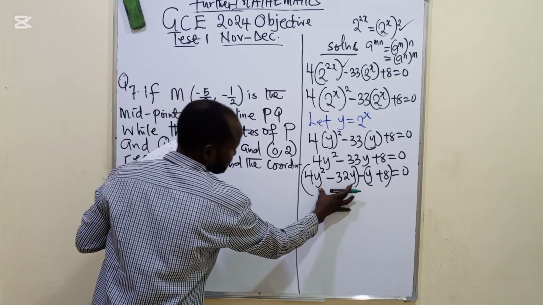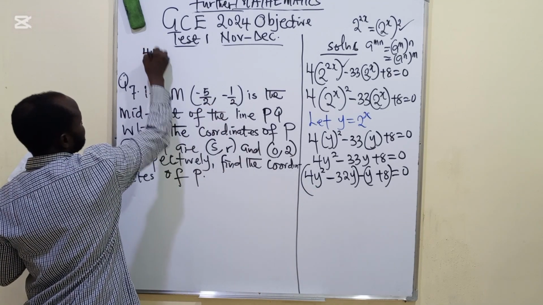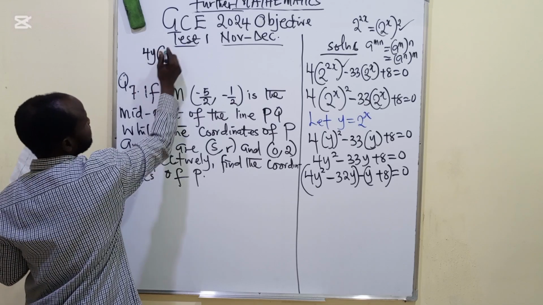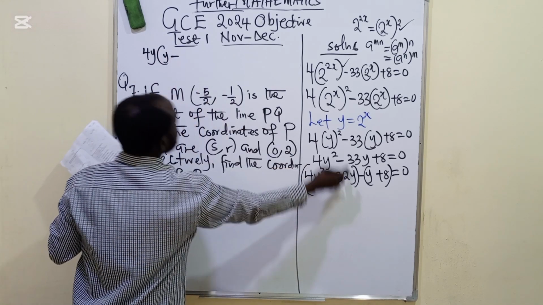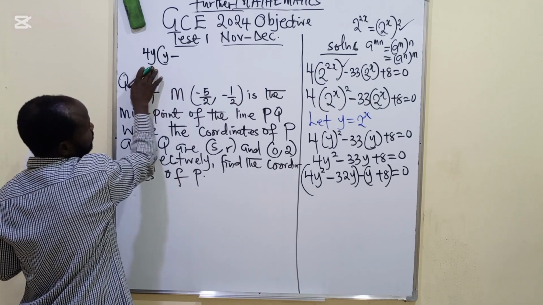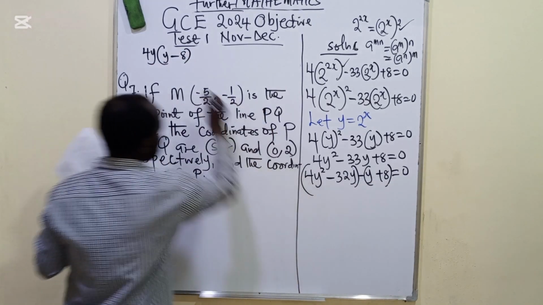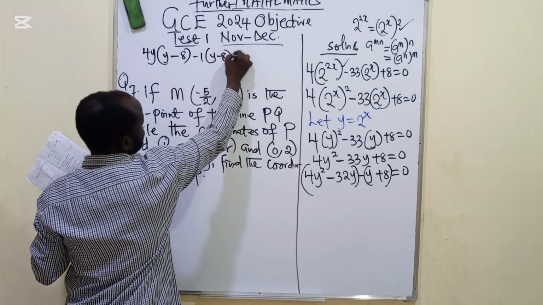What is common between these is 4y. So we have 4y out, bracket open, 4y squared divided by 4y is y, minus 32y divided by 4y is 8. We close the bracket. What is common here is just minus 1 into y minus 8 equals 0.